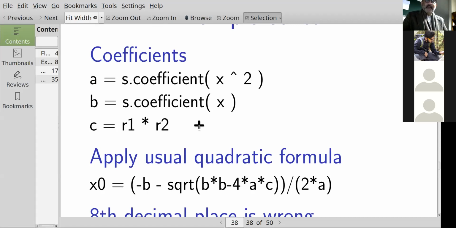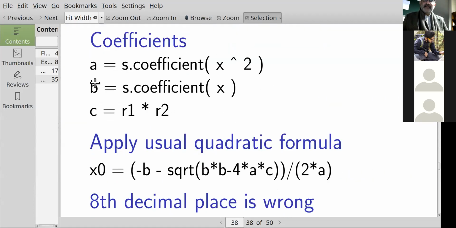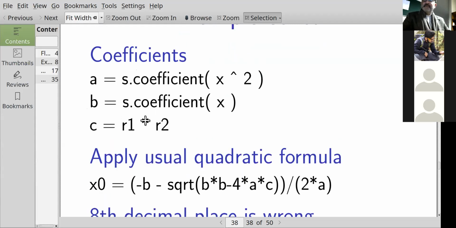Now, just to scare you, to make you aware that some very bad things can happen if you're not careful. Let's suppose that you say, oh yeah, I learned the quadratic formula way back. I didn't give you S this way. I gave you S as ax squared plus bx plus c, okay? And then I said, I want you to figure out what the roots are. And you say, even before I came to university, I knew this quadratic formula, right?